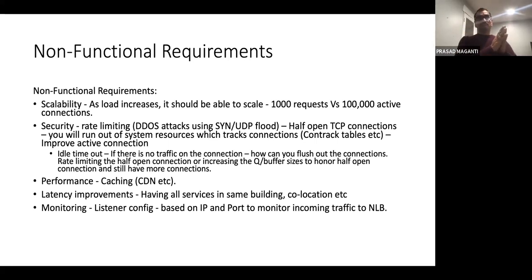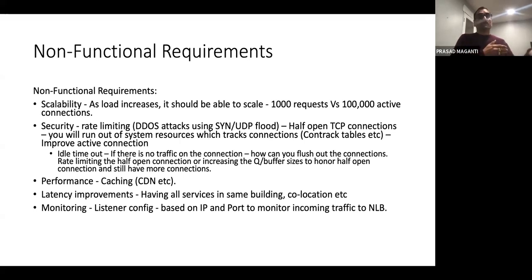If you auto-provision your backends or the NLB capacity itself, then there is flexibility: as and when the request comes in, if load is increasing, then automatically you'll be able to provision them. Otherwise, you will have to manually look at the capacity every time and keep increasing it.